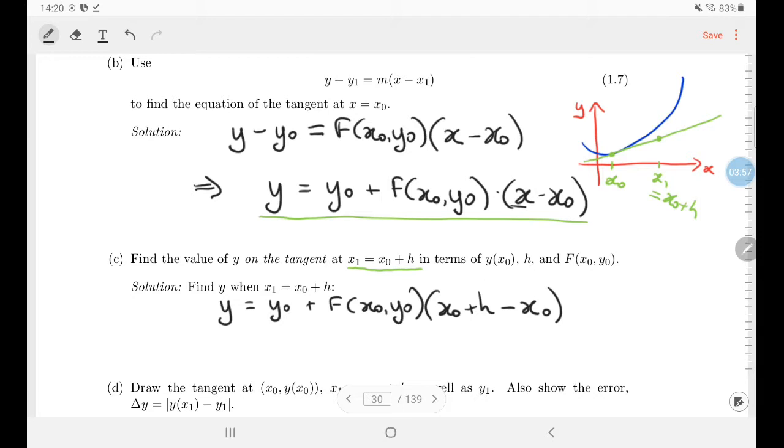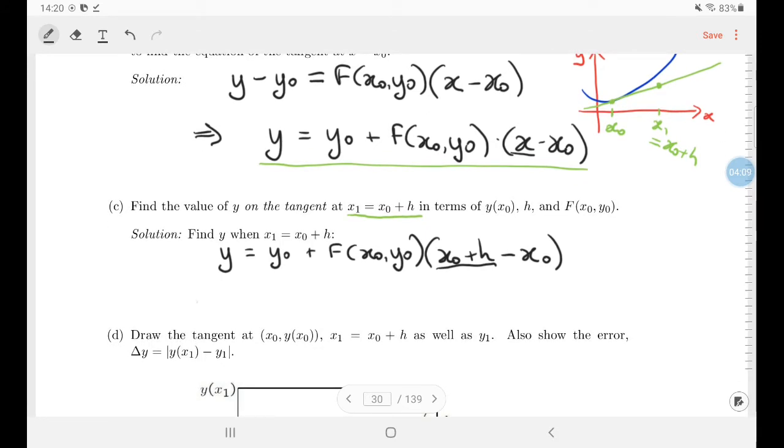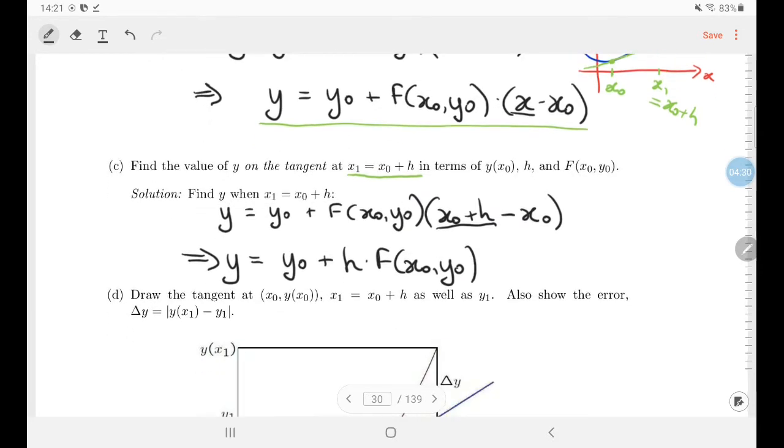So instead of x, x0 plus h. And what's the story now? Well, x0 minus x0 is equal to 0. So we get big F of x0, y0 times h. And I'm going to write this in the form that is slightly more familiar to us. So in terms of the tangent, y is equal to the previous y value plus h times the slope, that is, step size times the previous slope. That's all that is.